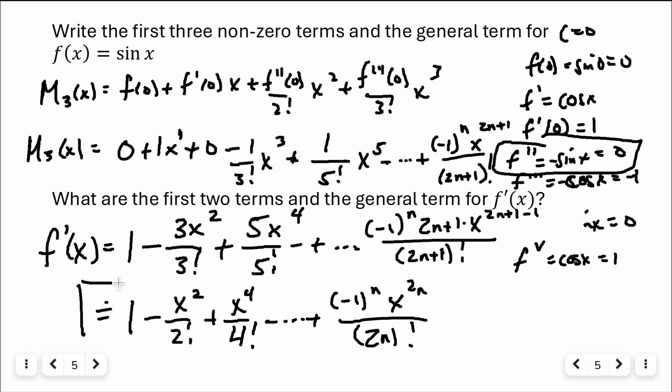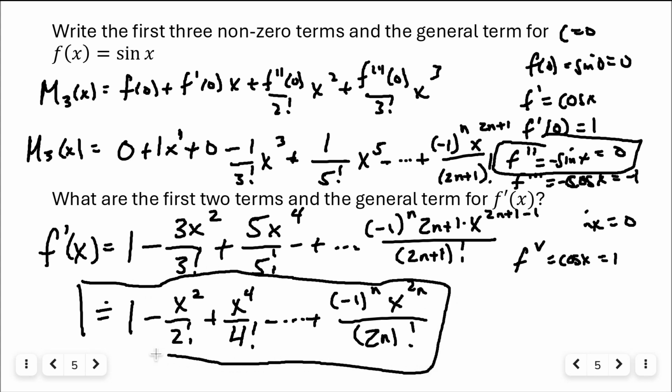That is the first two terms they wanted. All right, well, I gave them 3. And the general term for f prime of x.